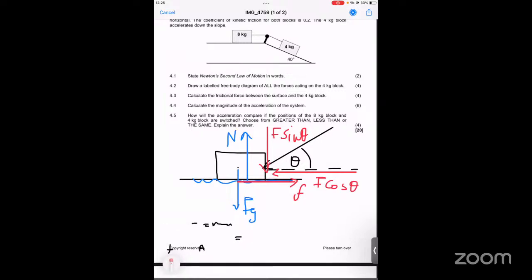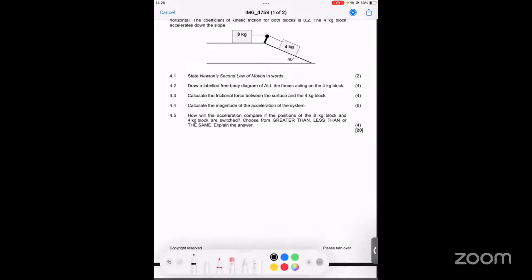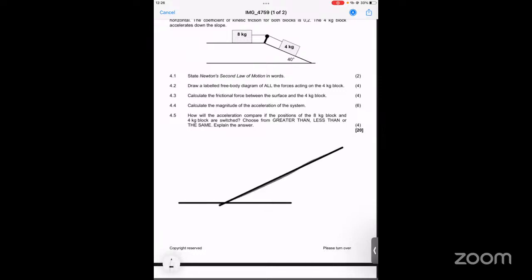So now it means we are going to be looking at a situation where we have an object on an incline. Then we'll also quickly do, okay, let's say we've got an object which is on an incline, and then we have an angle there.